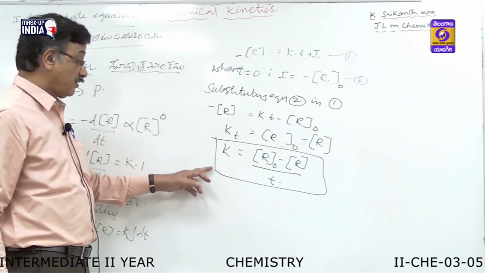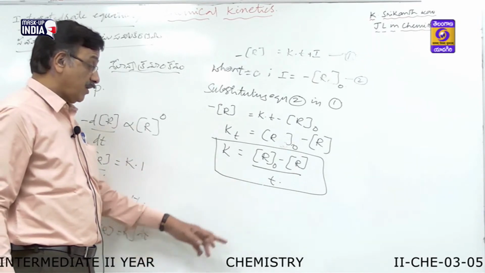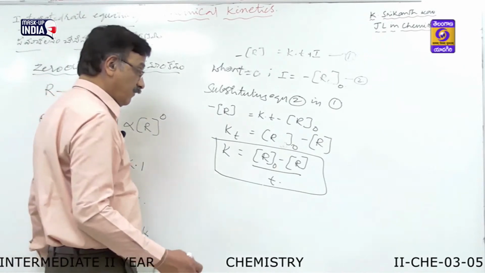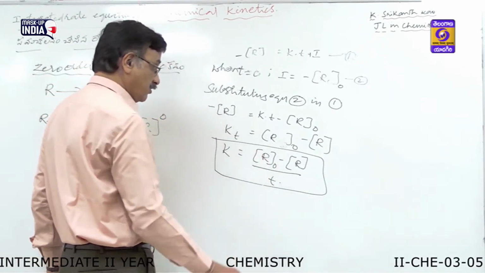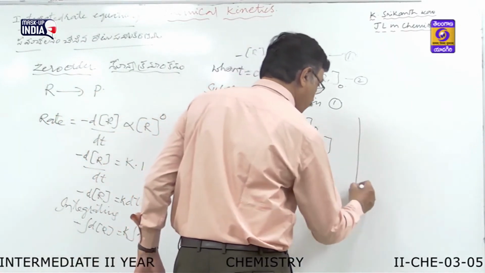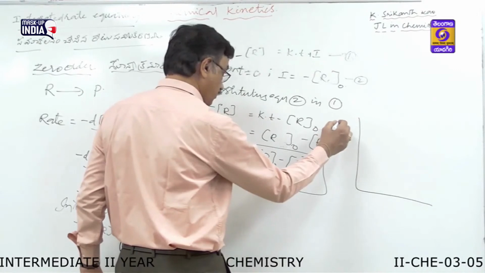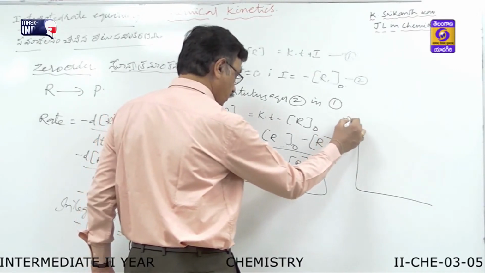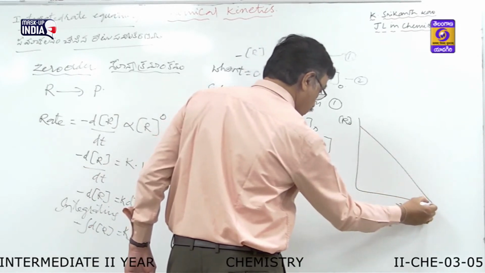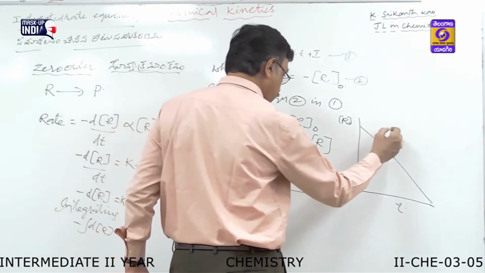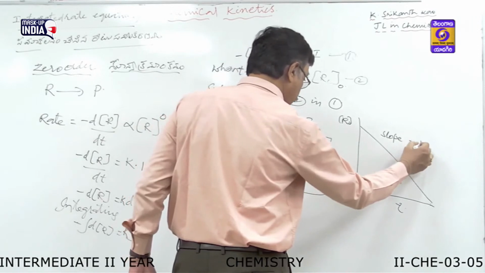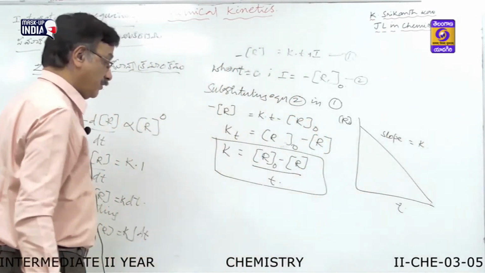For zero order reaction, rate constant k equal to R naught minus R by t, right? We can plot a graph between the initial concentration and the time. We'll get the slope. Plot it, right? The R or R naught and the time, we will get a curve like this where the slope equal to k, right?